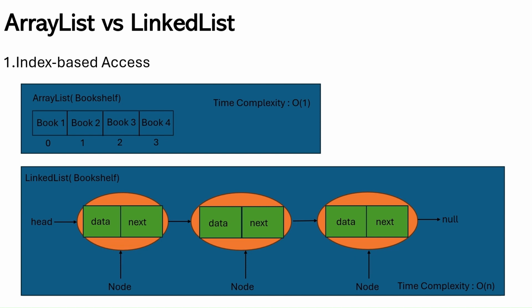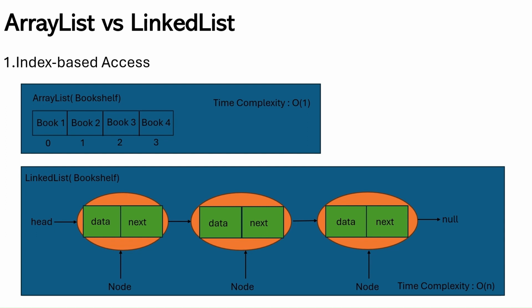Here, each index corresponds to a book element, and you can instantly grab any book using its index. This direct access is super quick and straightforward, happening in constant time, that is O(1). It's like having a well-organized bookshelf where you can reach for any book instantly.